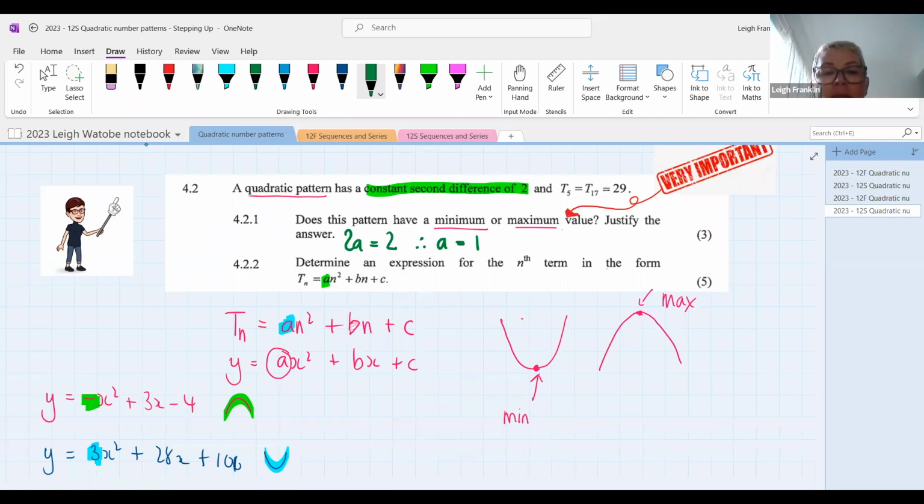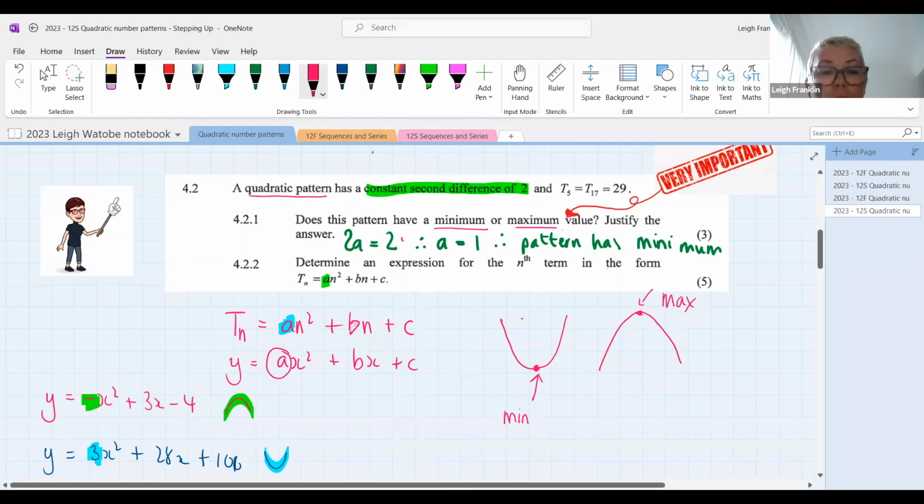So a is positive, therefore this pattern has a minimum. Does that make sense to everybody? Well done. So a mark for that, a mark for that, and a mark for that.